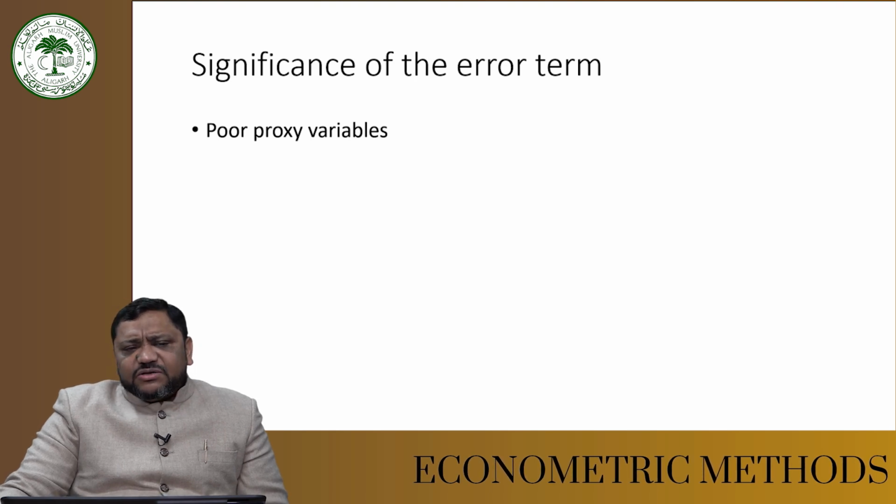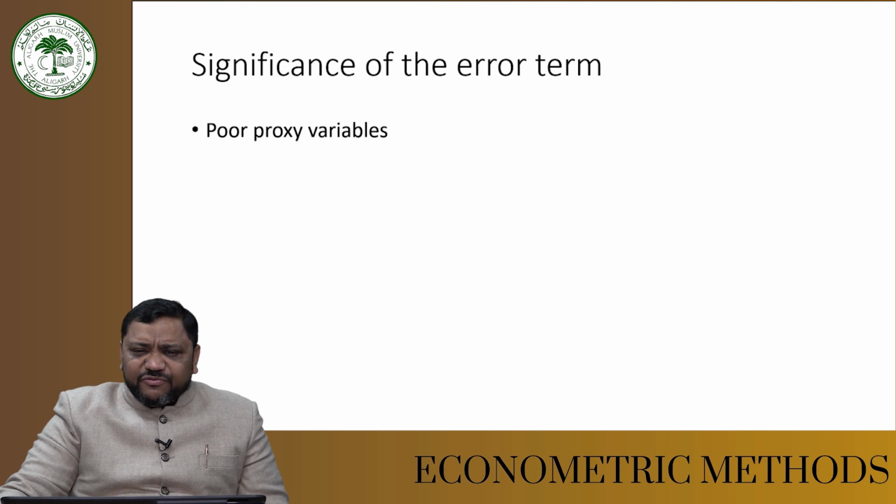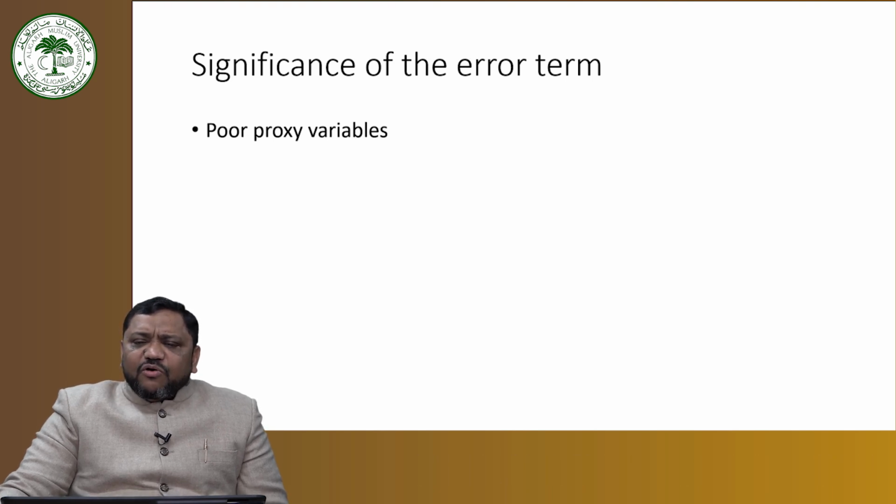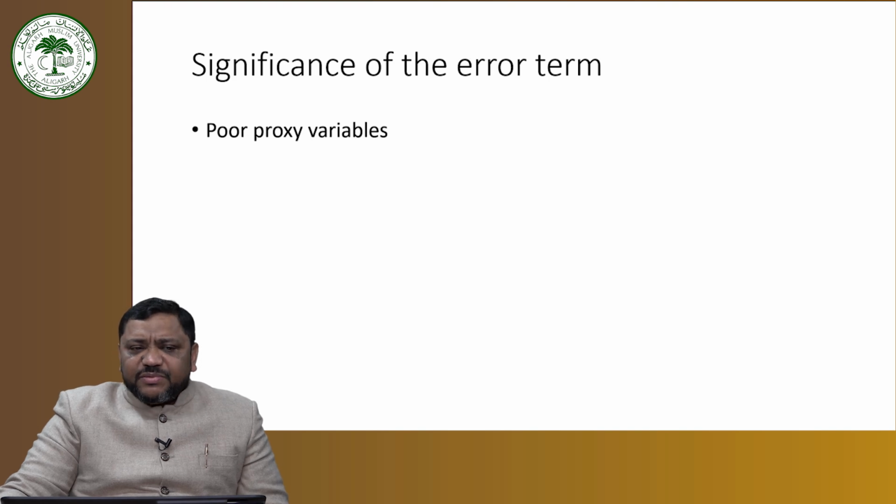The next factor would be a poor proxy variable. While the classical regression model assumes precise measurements of variables y and x, the dependent and the independent variable, real world data may be susceptible to measurement errors.